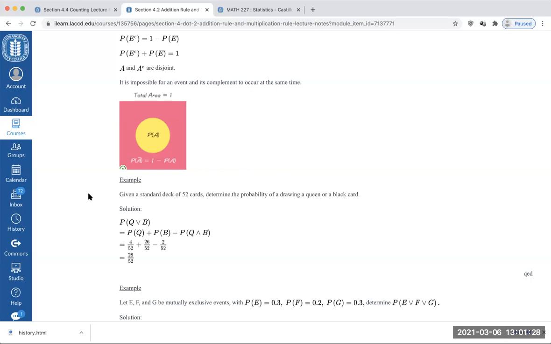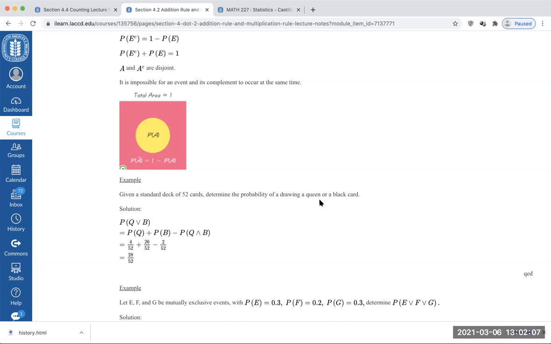The total area here for your sample space is 1. So, given a standard deck of 52 cards, determine the probability of drawing a queen or a black card. So, let's look. Black. There are 4 suits: diamonds, spades, hearts, clubs.